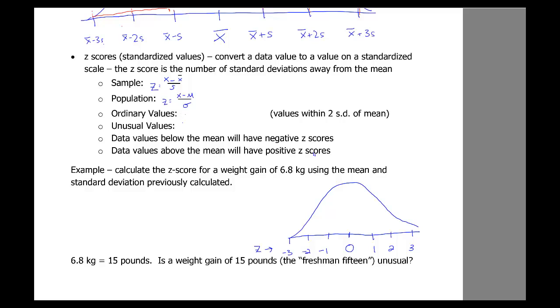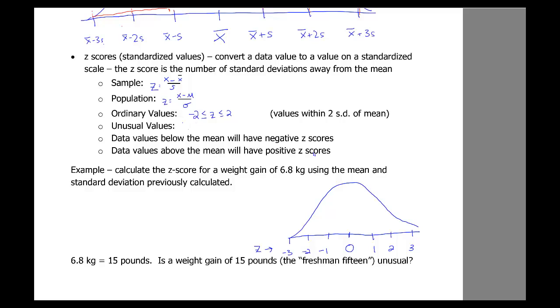Ordinary values are within 2 standard deviations of the mean, and when you convert it to a Z-score, each standard deviation is just 1 value away. So 2 above and 2 below give you a range between -2 and 2. And again, 95% of the data are going to fall within 2 standard deviations of the mean, and in the standardized scale for Z, that's between -2 and 2.